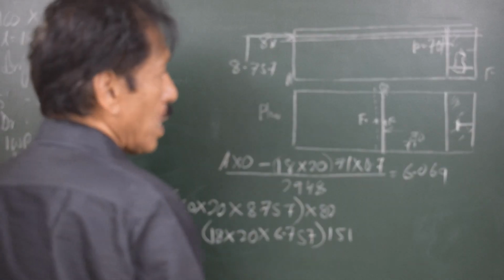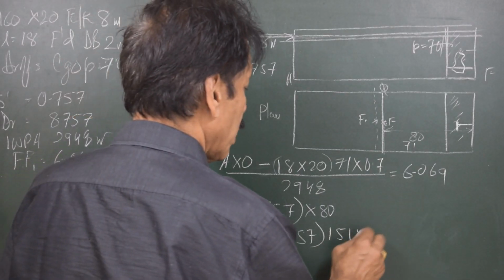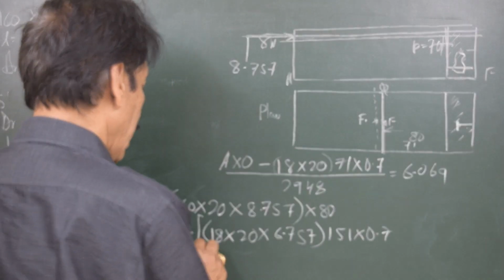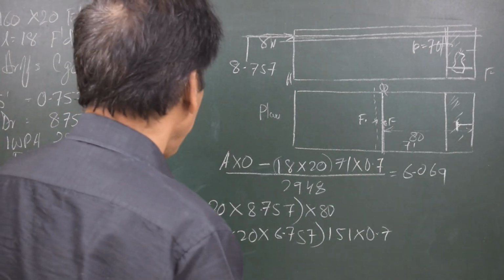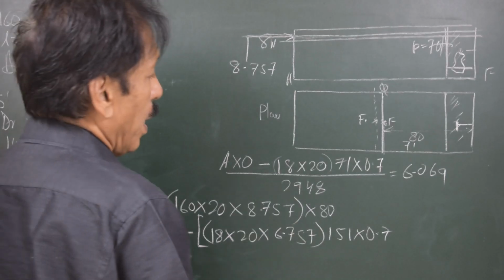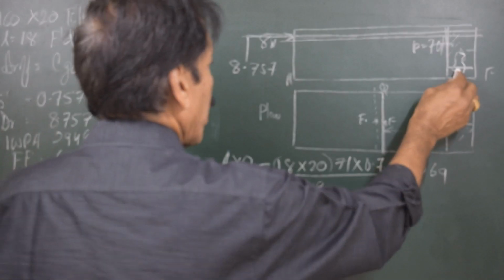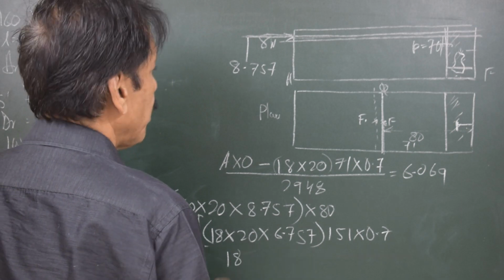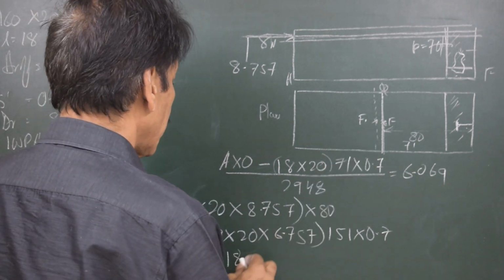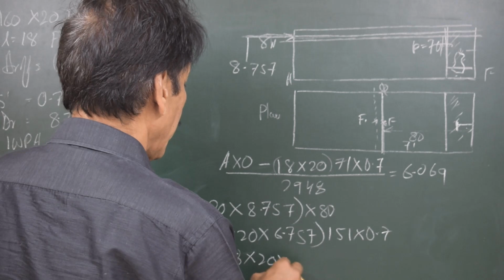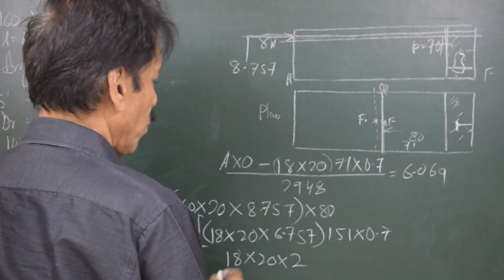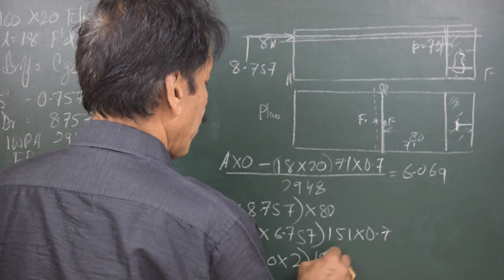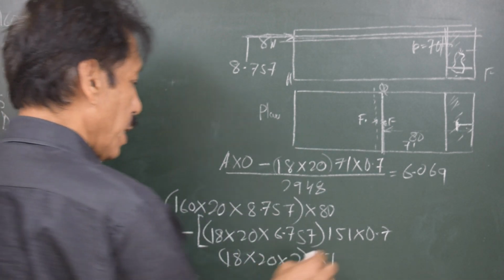But this loss is not 100%. This loss is only 70%, so 0.7, right? I want to subtract this loss. And then talking about this double bottom, it is 18, that is the length, multiplied by 20 into 2, that is the vertical height, this is the volume, and the distance once again is 151, there is no permeability.